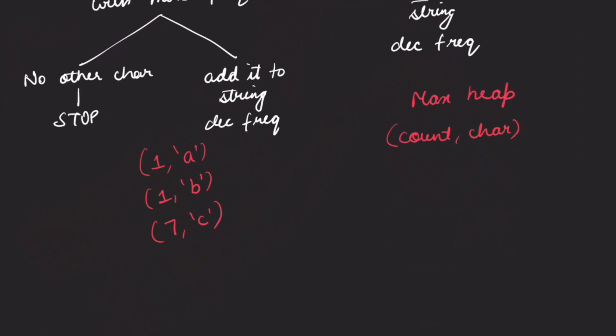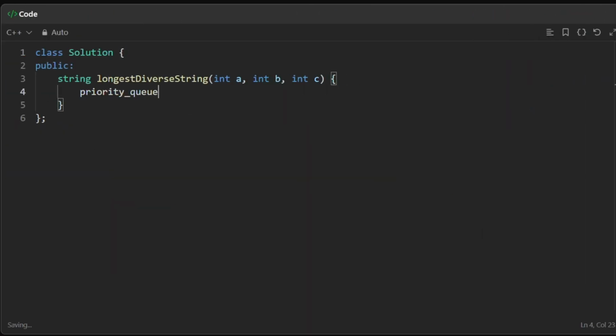So now let's do the code for it, so you will understand better. First of all, we'll create a priority queue because we want to create the max heap. It will be of type pair, which will take an integer and a character. We will name it PQ. Now I said that we will store the frequencies of A, B, and C in our priority queue, and we will push only when the frequencies are greater than 0.